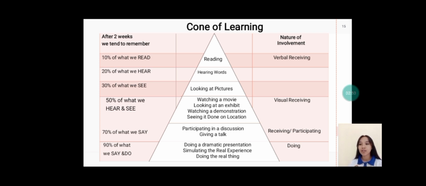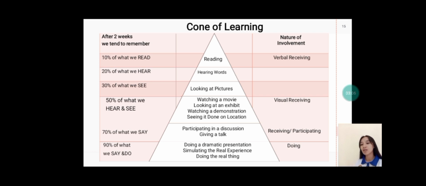So true learning by doing retains almost all of the learning outcomes. So after 2 weeks, students tend to remember 90% of what they say and do.